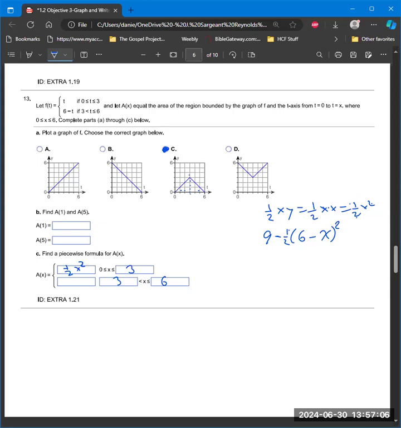9 minus 1/2 is going to be 18 halves minus 1/2 is going to be 17 halves. When t is 1 here, plug it in here, 1/2 of 1 squared is 1/2.